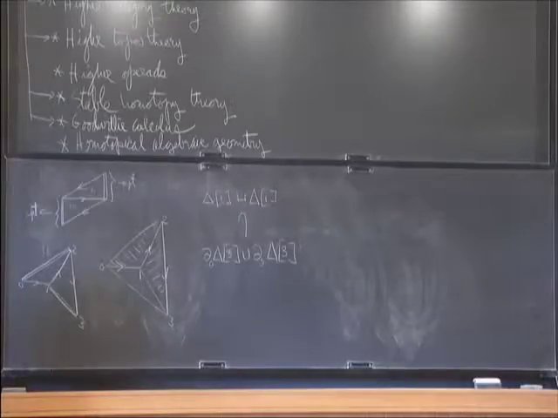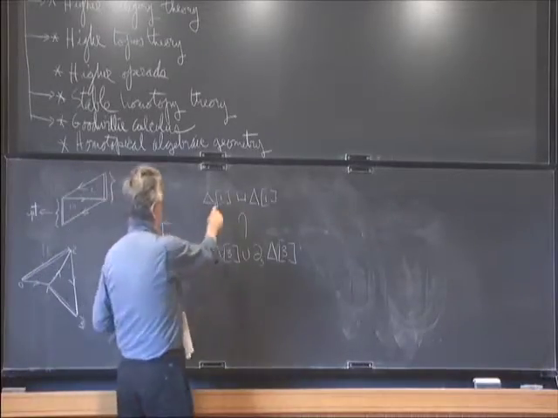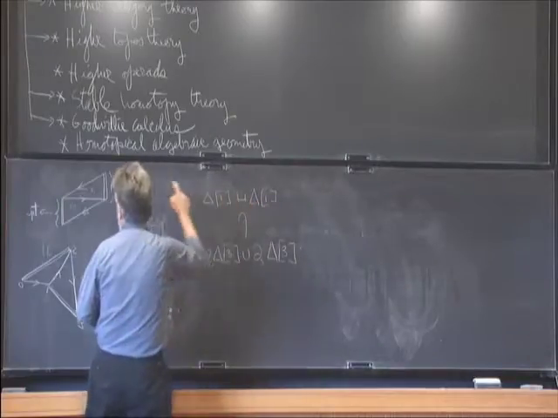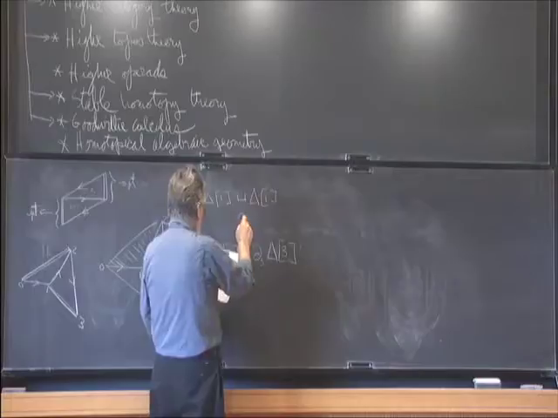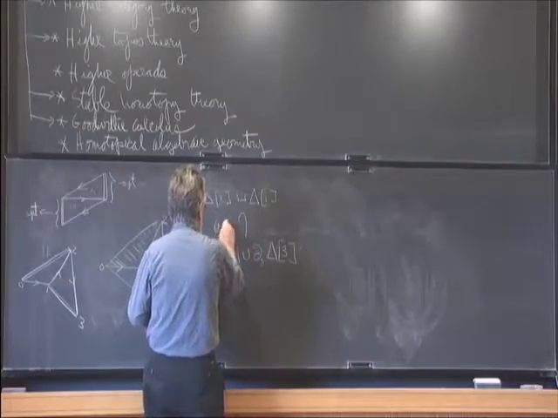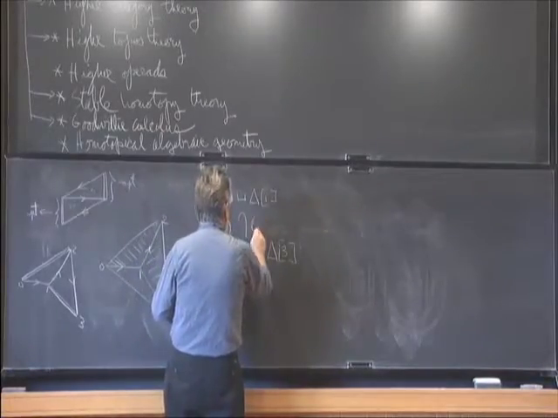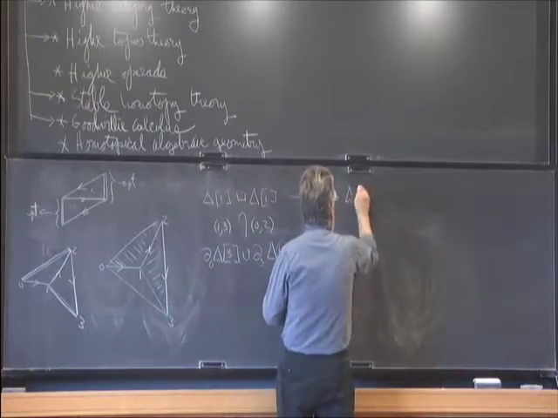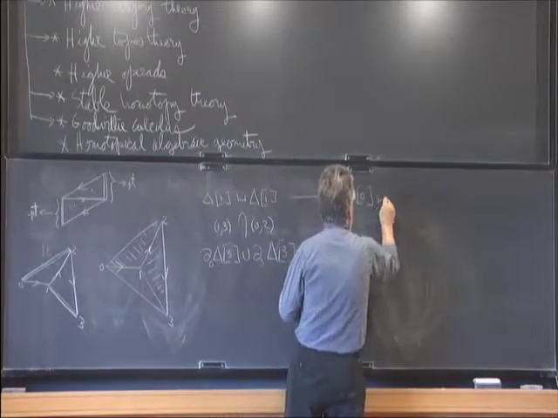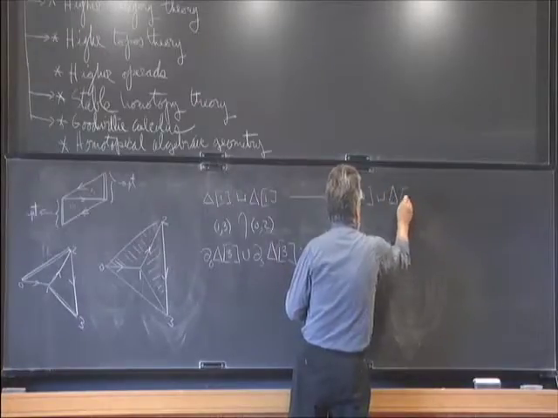These two edges are what I want to squeeze to a point. So they are 1, 3, and 0, 2. And here, let's say delta 0 union delta 0.